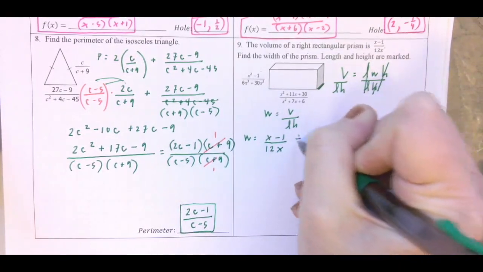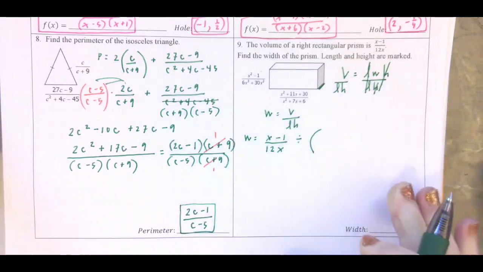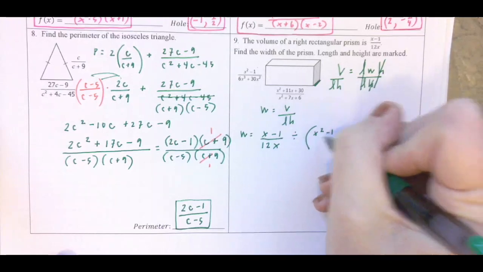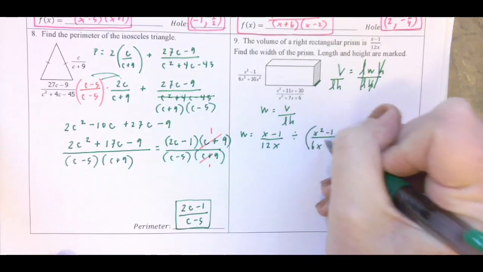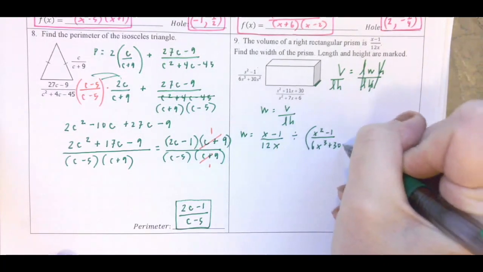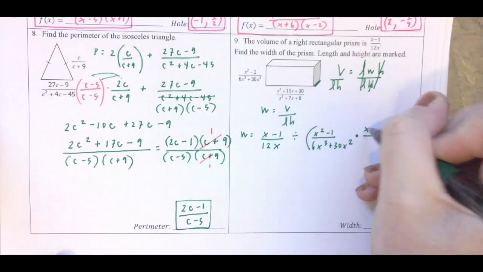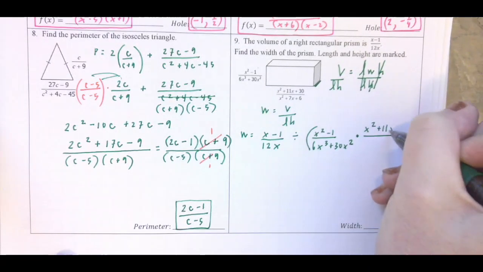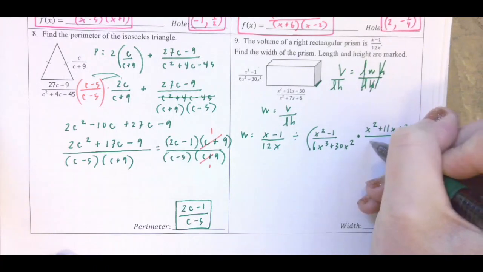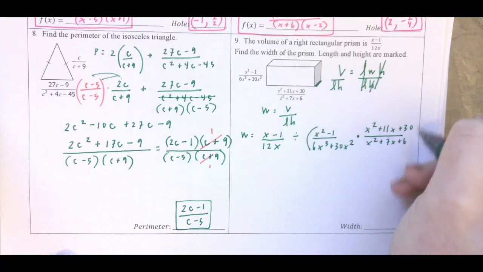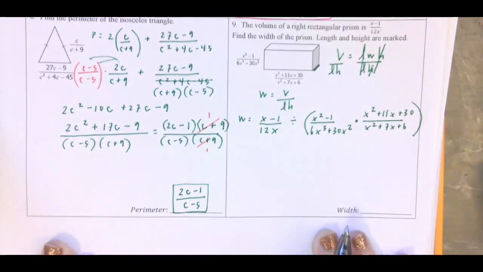And I really just want to divide that by the product of x squared minus 1 over 6x cubed plus 30x squared, times x squared plus 11x plus 30 over x squared plus 7x plus 6. All right, so let me slide that up a little bit.